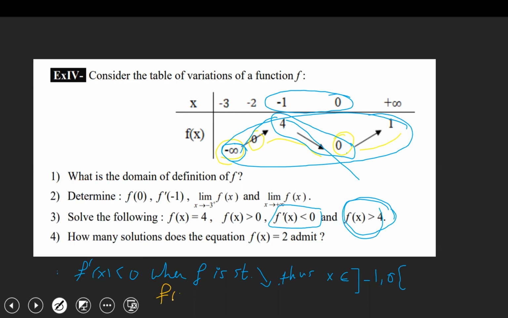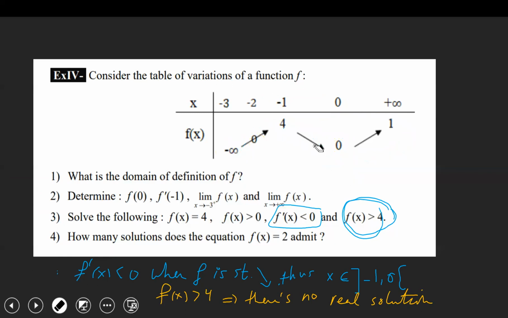There is no real solution, impossible. f of x is not greater than 4 anywhere. As you see, the highest value it reached is 4, but more than 4 it did not reach. So there is no real solution.